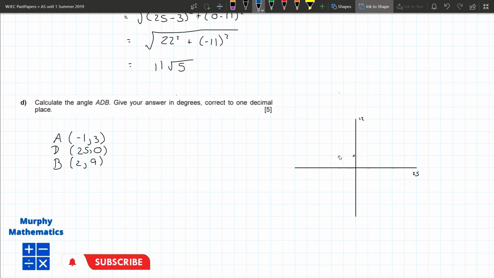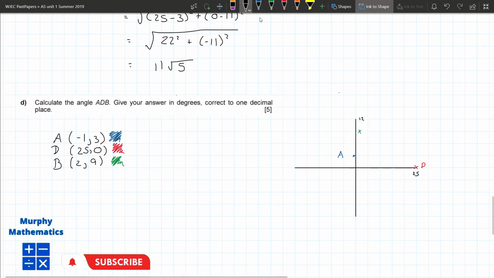We'll label that A, and I'll just put a little key next to them. Okay, point D, 25, 0 is about here. And point B, 2, 9, and that's about here.